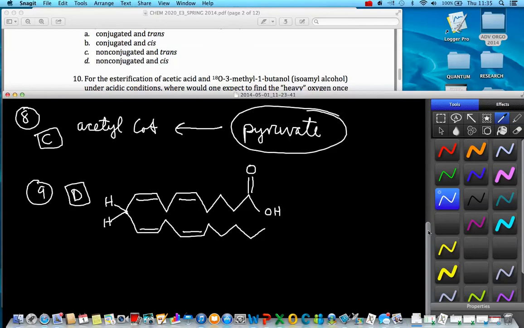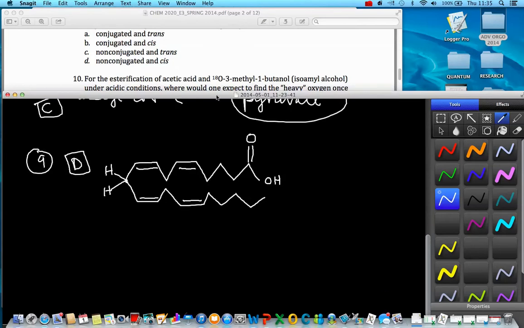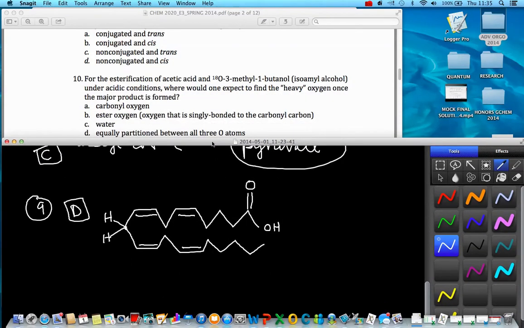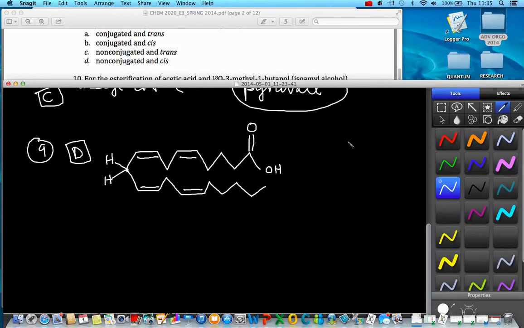Number 10. We have heavy oxygen 3-methyl-1-butanol. That's better known as isoamyl alcohol. For those of you who did lab, we did this in the banana oil synthesis. And this is heavy oxygen. And we're going to react this with acetic acid.